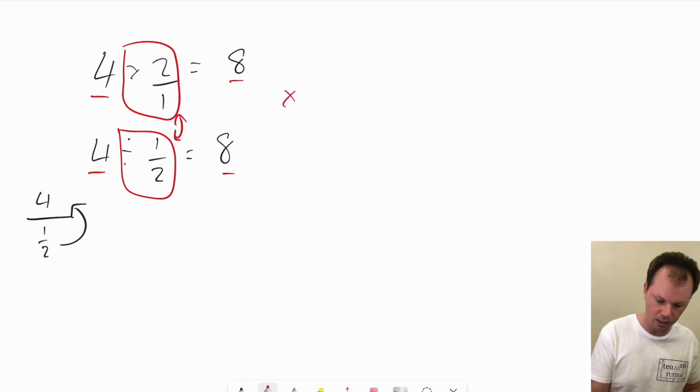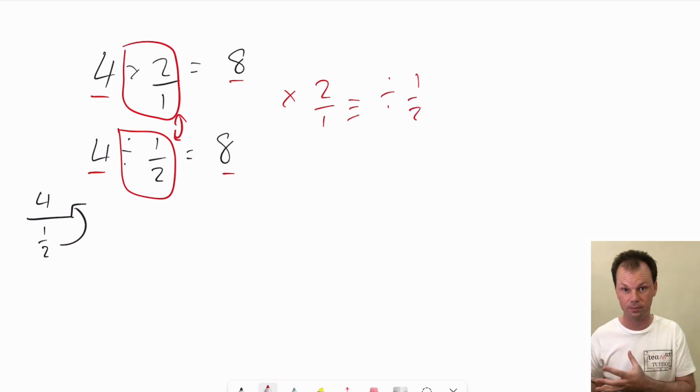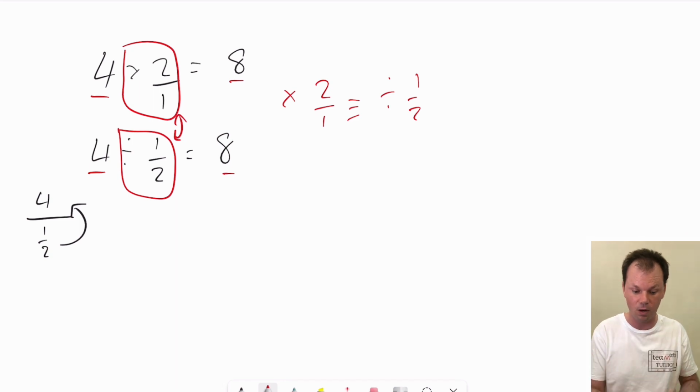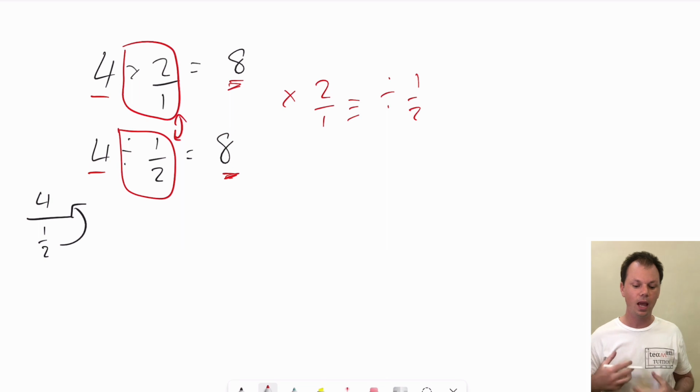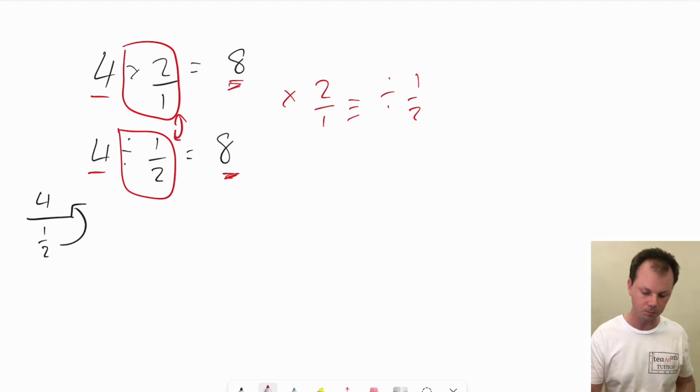So timesing by 2 is the same thing as dividing by a half. These two things must be the same, otherwise you would get different answers, right? So these must be the same. And this is how we divide by fractions. We convert a division problem into a multiplication problem because we already know how to multiply.